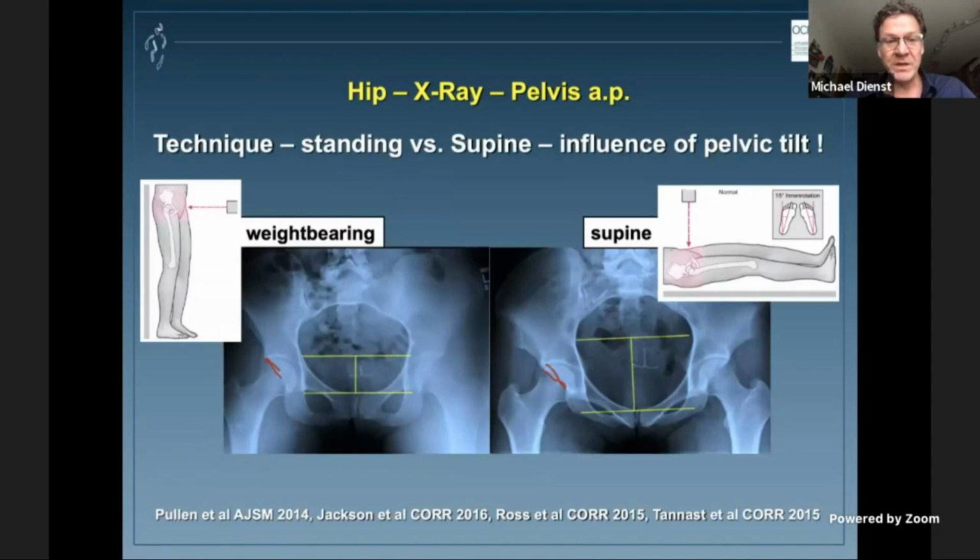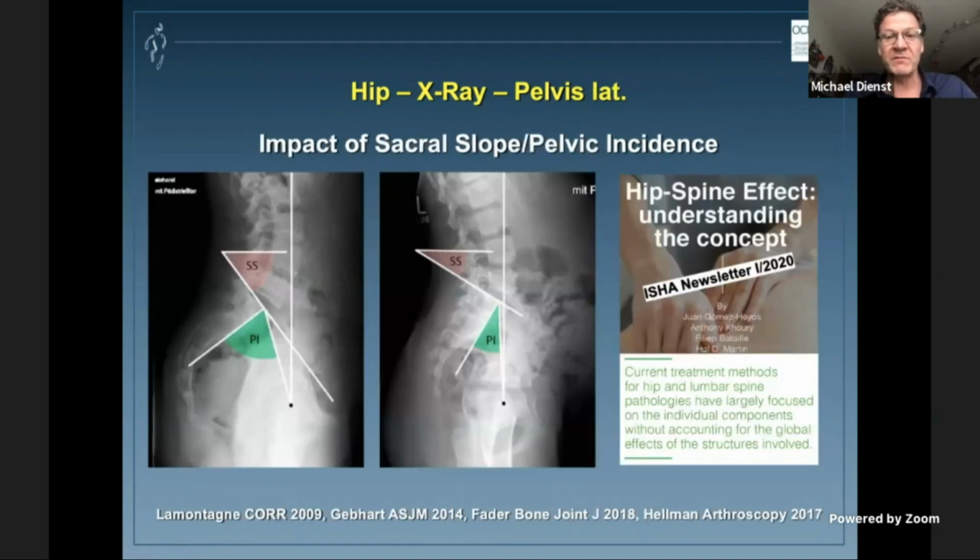That's very important. It has not been clarified so far which technique is the best one, whether we should use standing or supine x-rays, because there's a significant influence of pelvic tilt. This is also a problem in total hip arthroplasty.